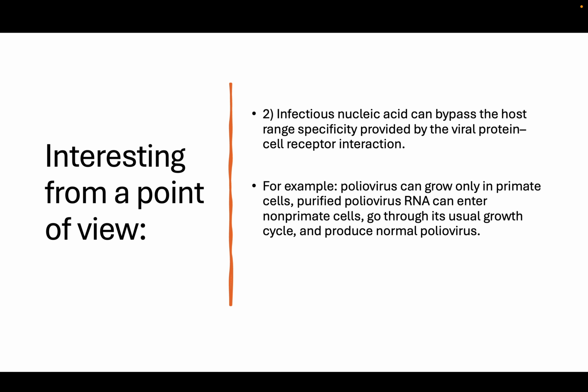But if you take the RNA from the poliovirus, it can enter non-primate cells and go through the usual growth cycle. So technically, the poliovirus cannot infect a canine cell, but the infectious RNA of polio can. It can bypass the whole host range specificity governed by the viral protein receptor interaction. This is quite interesting.